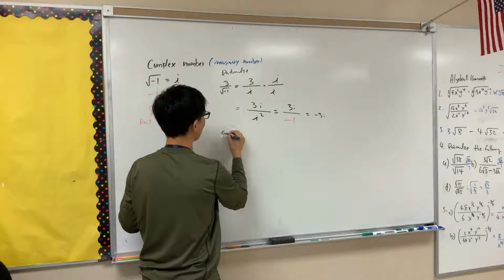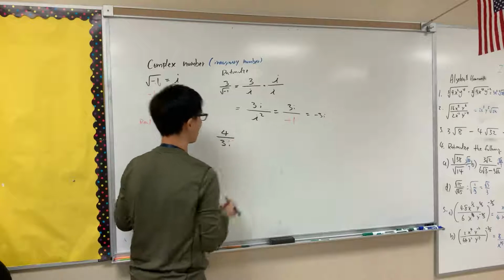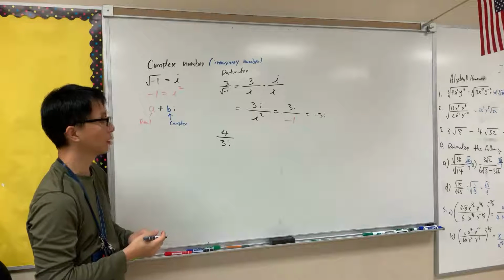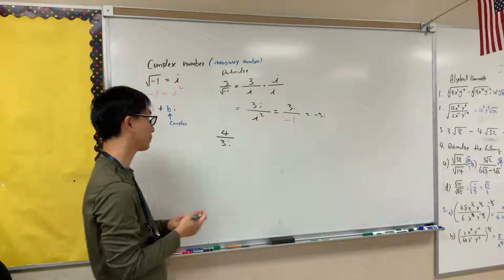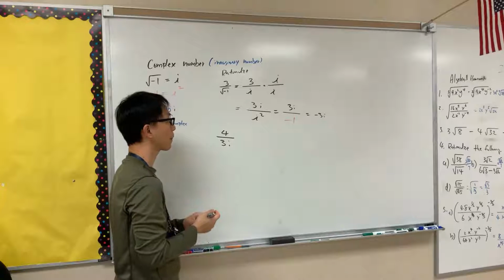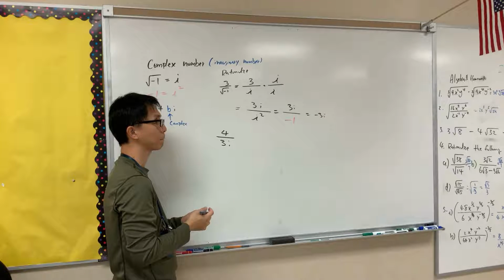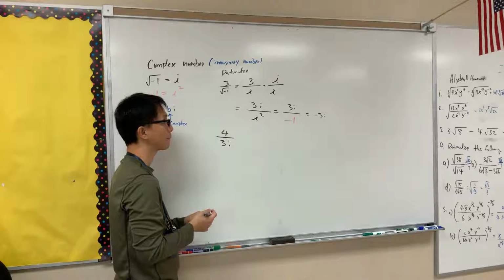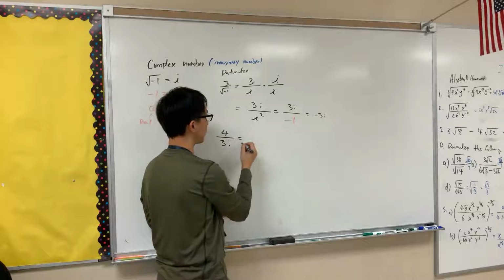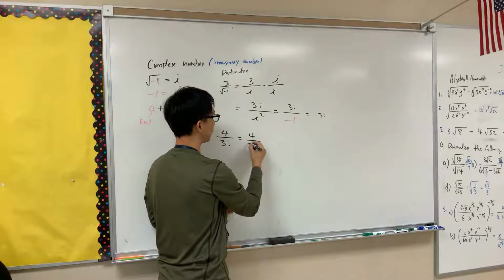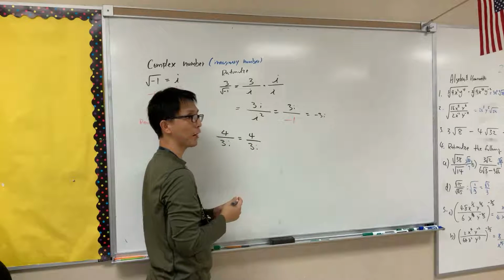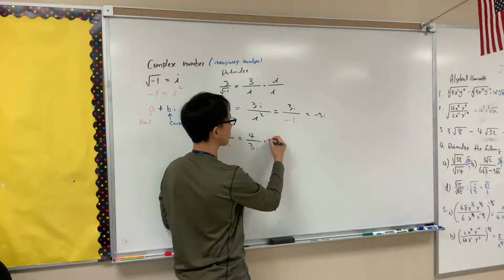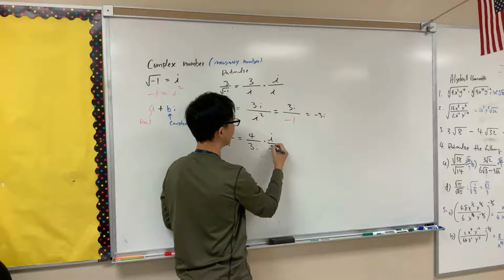How about 4 over 3i? Can I rationalize this? Can you do it? How do I rationalize the i? Multiply just i over i.